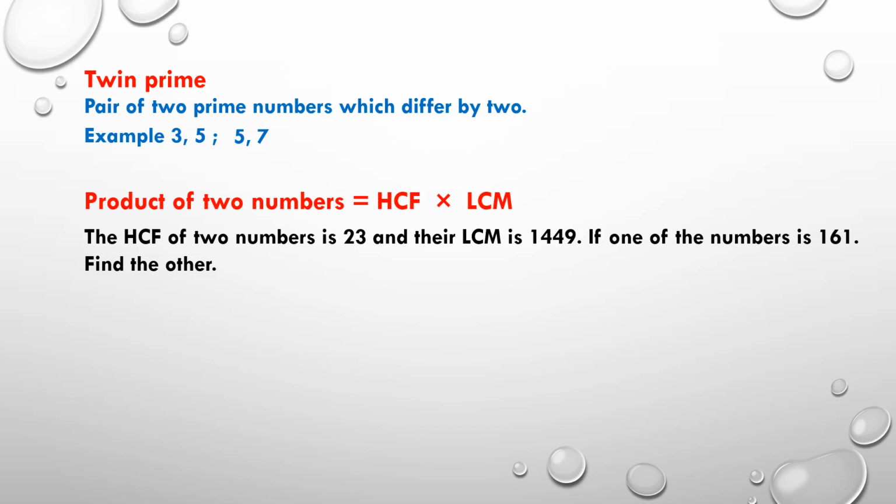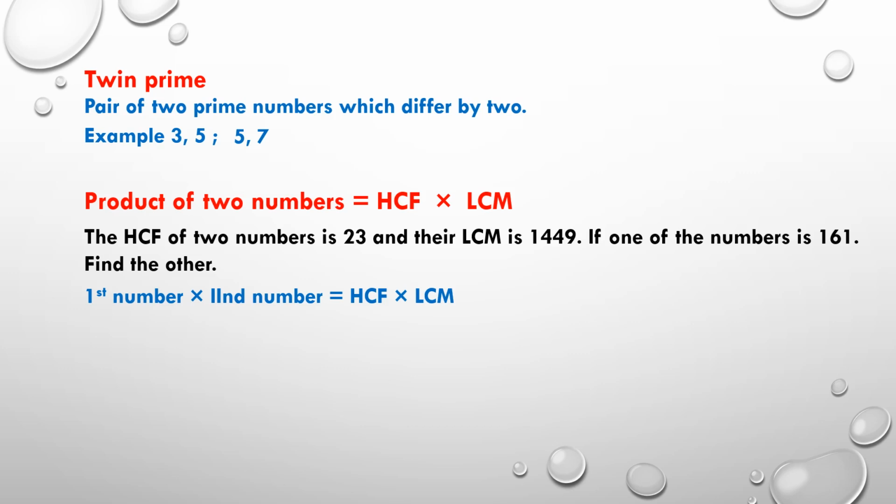So what we know: first number multiplied by second number is equal to HCF multiplied by LCM. We know this formula. So three things are given to me and I need to find the fourth one. That means I need to find the second number.